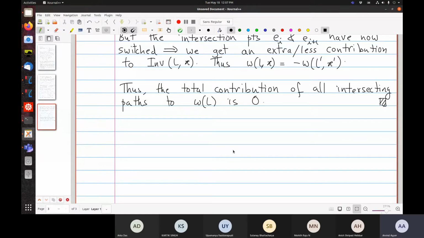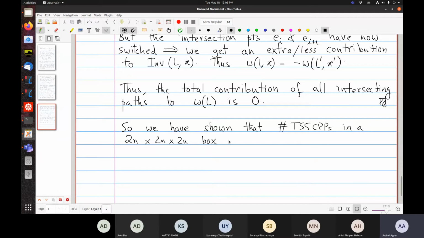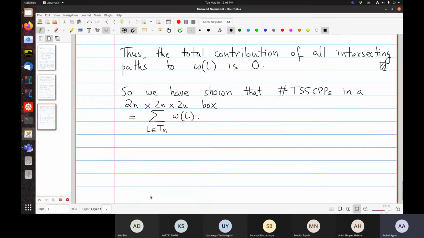Okay, so we have shown that the number of TSSCPPs in a 2n by 2n by 2n box is equal to the sum over all families of lattice paths in Tn of W of L. That's what our lemma said. And now rewriting it, I will interchange the sum.